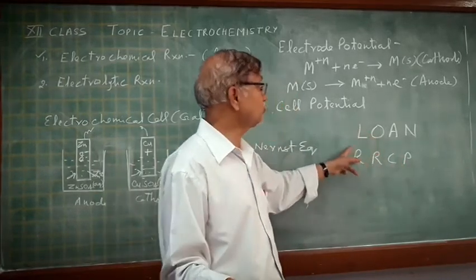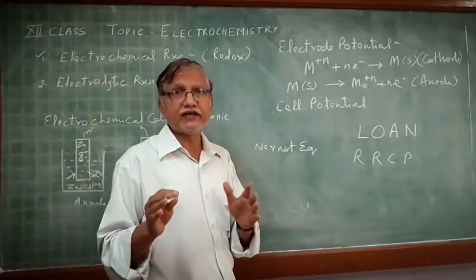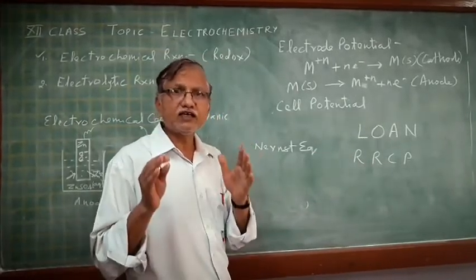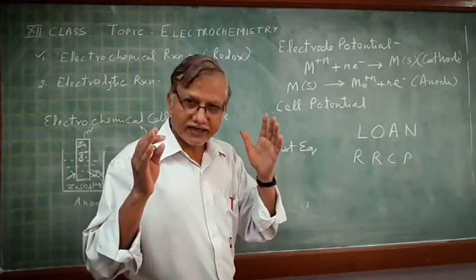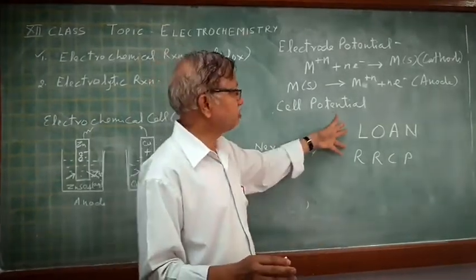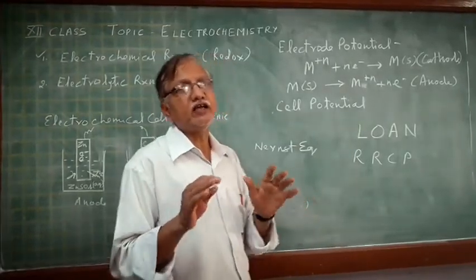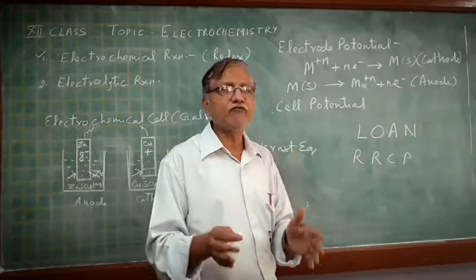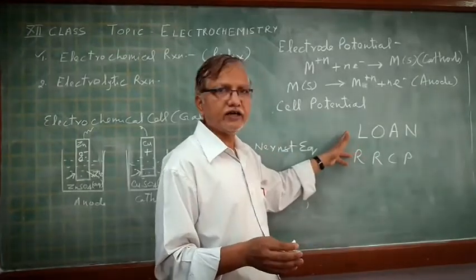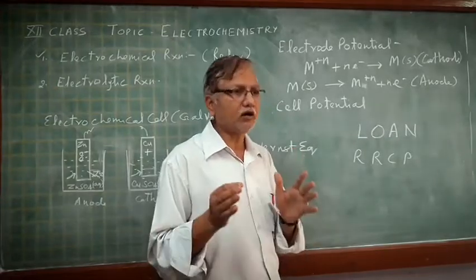These two terms are very helpful for you to predict whether an electrode will be anode or cathode. Anytime if you have any doubt or confusion, you learn these two words and you can recognize whether the electrode is cathode or anode.